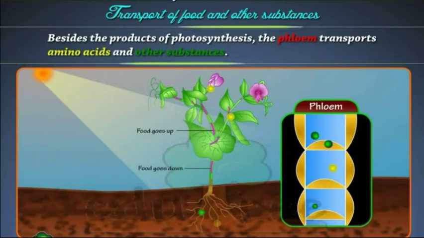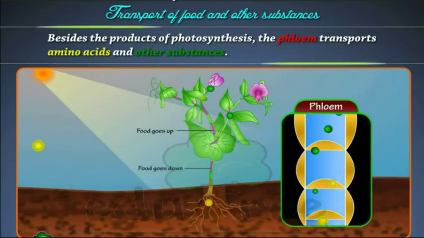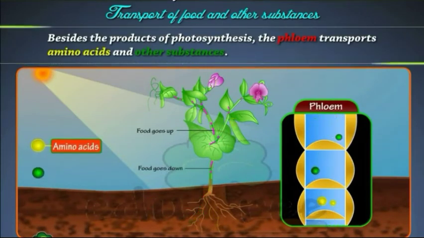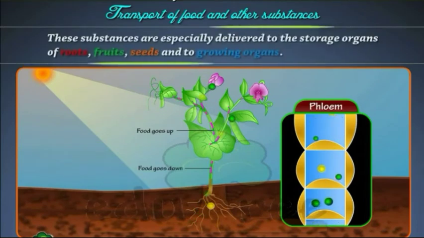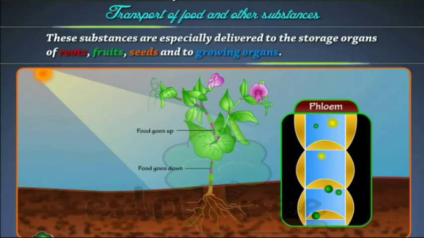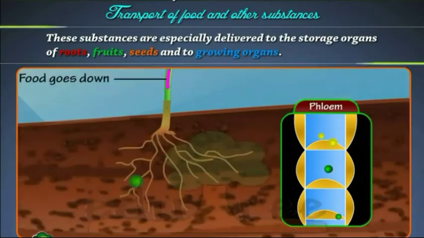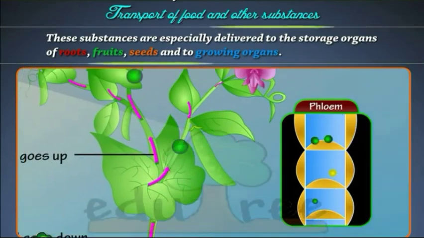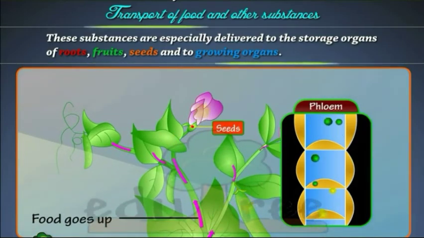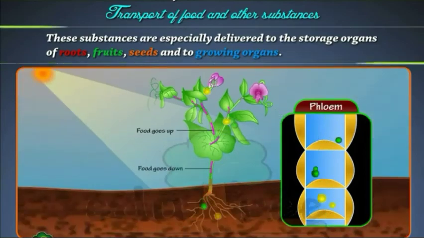Besides the products of photosynthesis, the phloem transports amino acids and other substances. These substances are especially delivered to the storage organs of roots, fruits, seeds, and to growing organs.